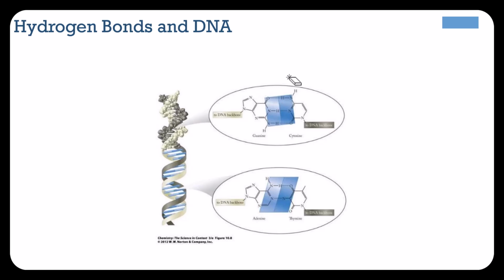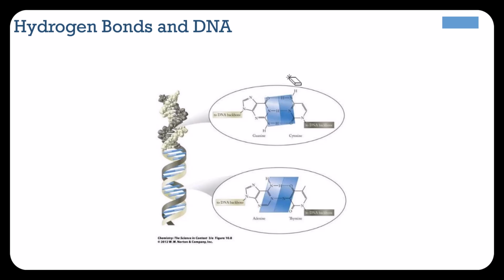So you know that there's these complementary base pairs, right? Guanine and cytosine will connect with one another. G and C create a pair. And adenine and thymine come together. A and T create a pair. And those are the only options for pairings. Guanine is not going to pair with thymine, or adenine is not going to pair with cytosine.